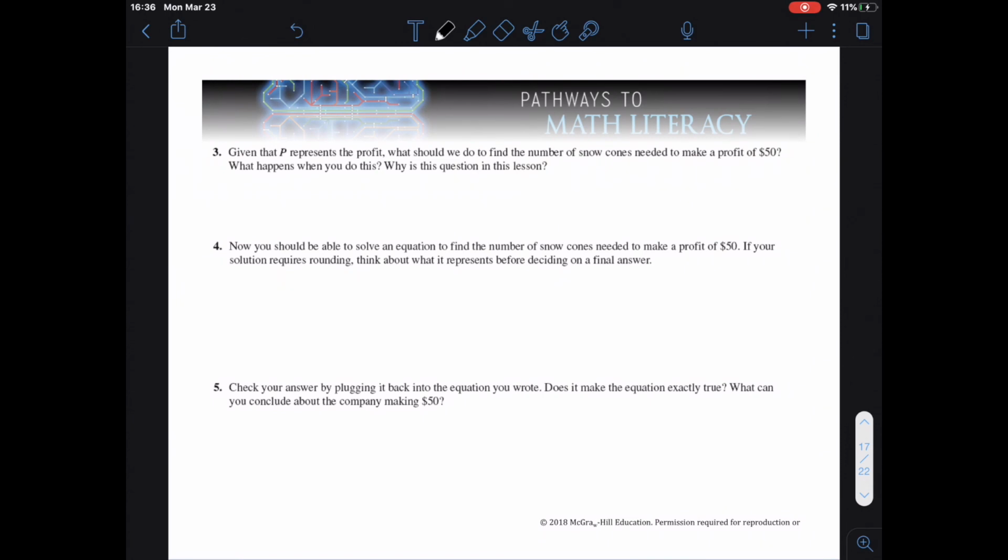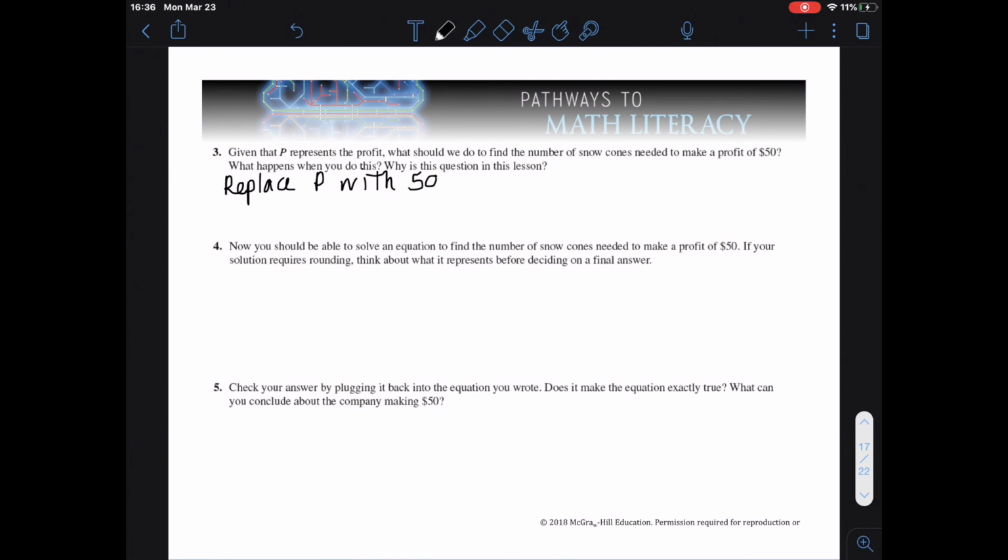Given P represents the profit, what should we do to find the number of snow cones needed to make a profit of $50? So now P is our profit. We're going to replace P with 50 instead. And you want to find the number of snow cones from this.